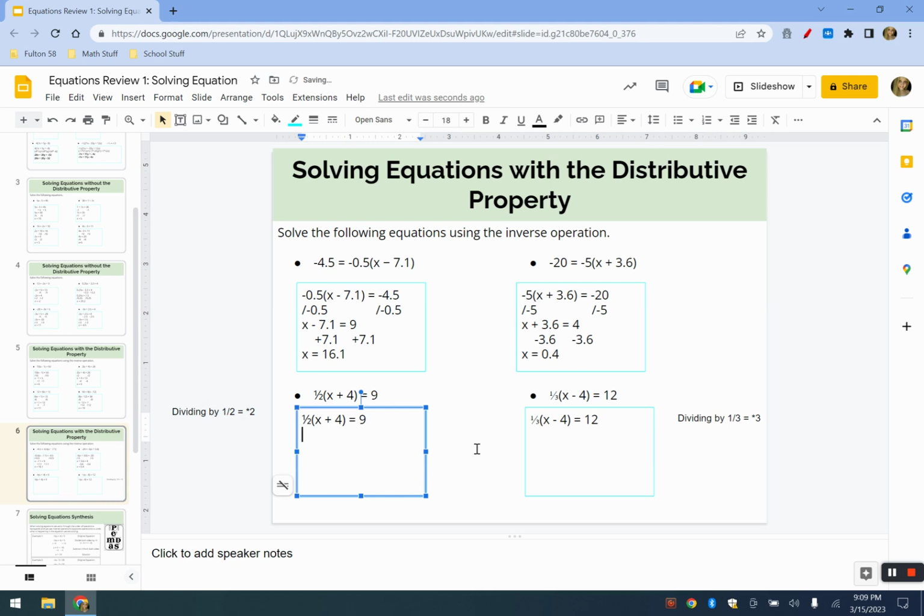So that should hopefully make things easier. I'm actually not going to show that I'm dividing by a half. I'm going to show that I'm multiplying by the 2. So I'm going to multiply both sides by 2. And I'm left with x plus 4 equals 18. Last step, subtract 4 on both sides.